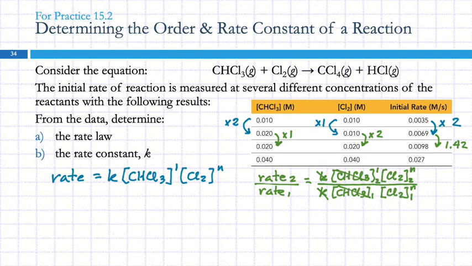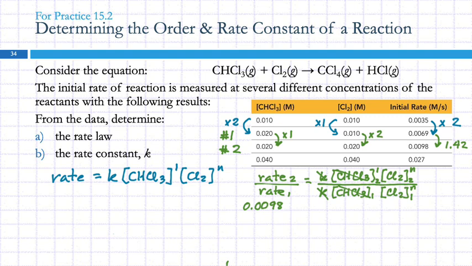So we're going to take the numbers now and plug them in. So this is what we're calling number 1, and this is what we're calling number 2. Because I know there's 2s and 1s and stuff all over the place. So rate 2 is this one. 0.0, oops, I'm losing zeros today.